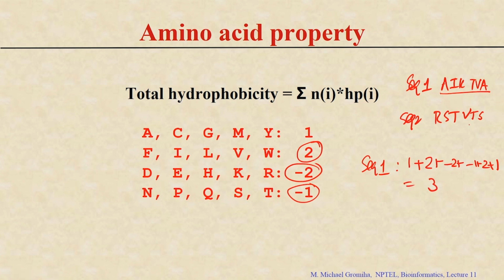If it is the second sequence, R equals -2, -1, -1, plus 2, -1, -1, this equals -4. Comparing these two sequences, you can see the first one is more hydrophobic than the second one.